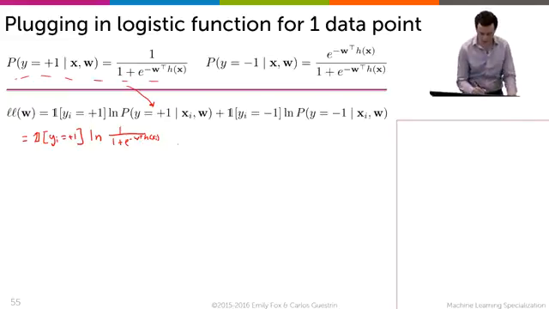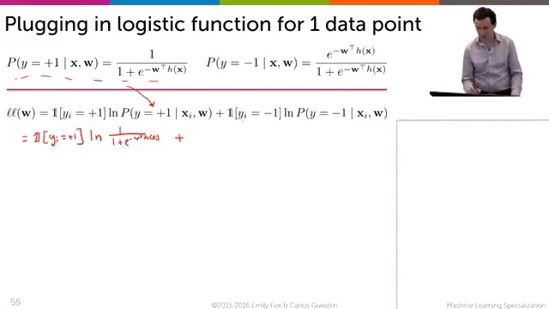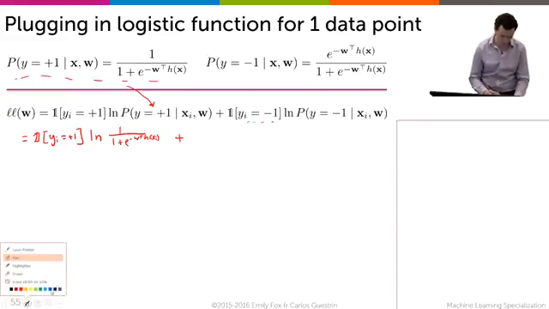Now, for the second term, we need to plug in the probability y equals -1, but it's a little bit annoying for a derivation that we have an indicator that yi is +1 and another indicator that yi is -1. So we're going to take this indicator that yi equals -1 and substitute it with something else. Let's do a change of colors transformation here.